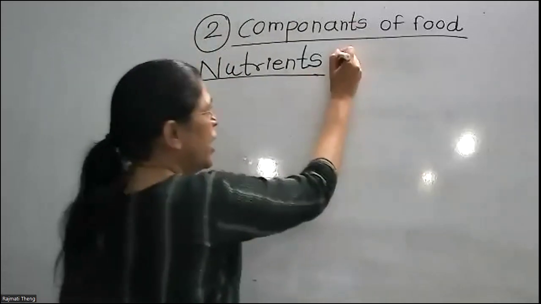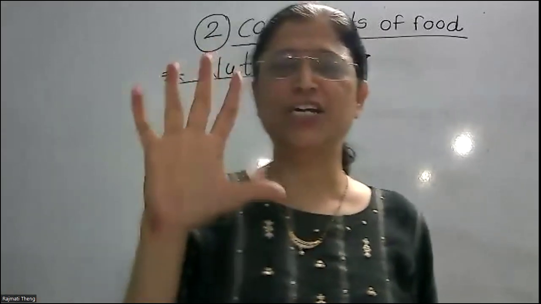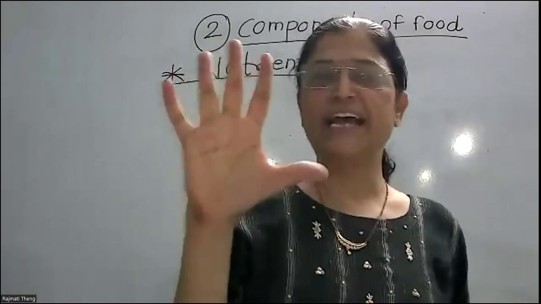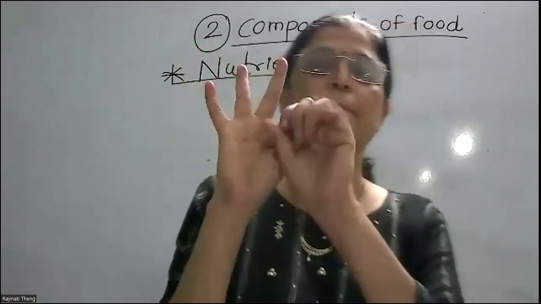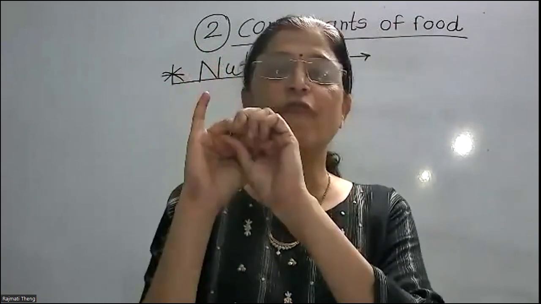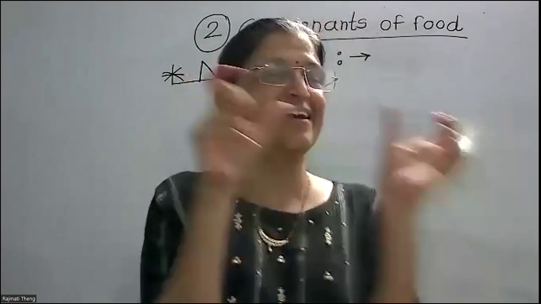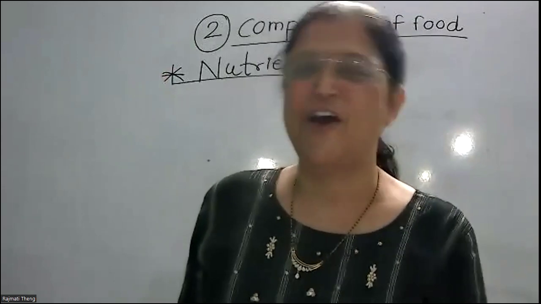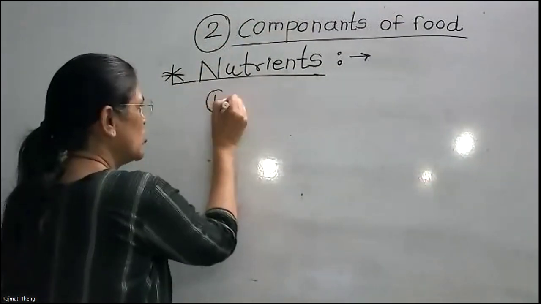They are called nutrients. Okay, so which are the major nutrients in our food? There are 5 major nutrients in our food: carbohydrates, proteins, fat, vitamins, minerals, and along with this, water and roughage is also present.